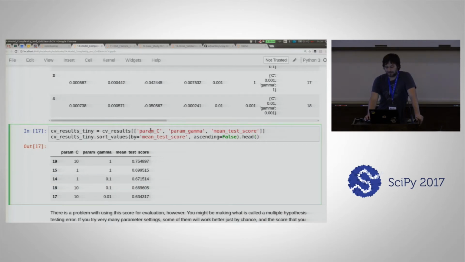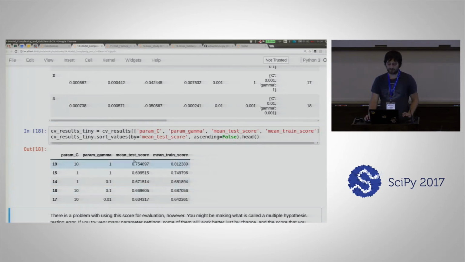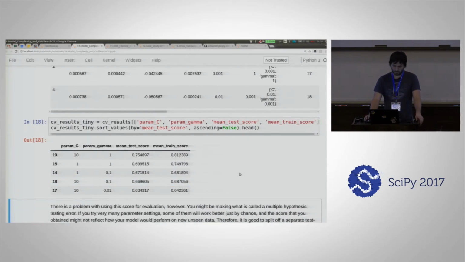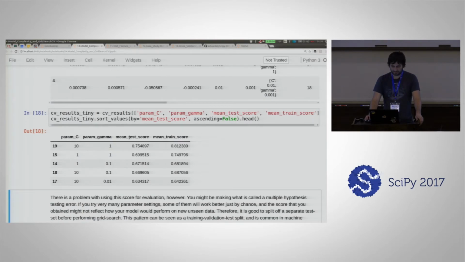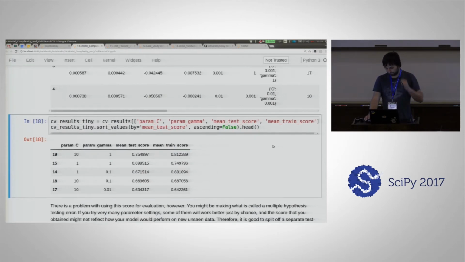So I subsetted the table here with just the parameter C and gamma and the test score. Actually, maybe I want to do the train score as well. And so I sorted them by the test score. Wow, they have widely varying train scores. I guess these are also widely varying test scores. I mean, this is really a lot better than the other ones. So I probably would use this one.